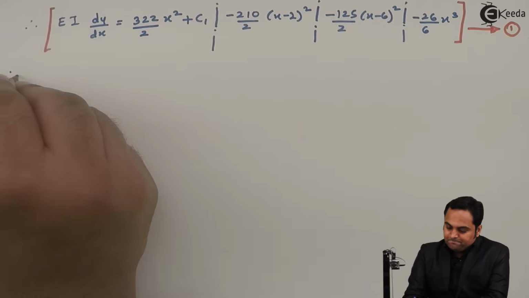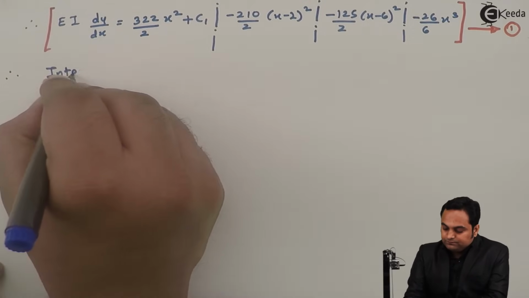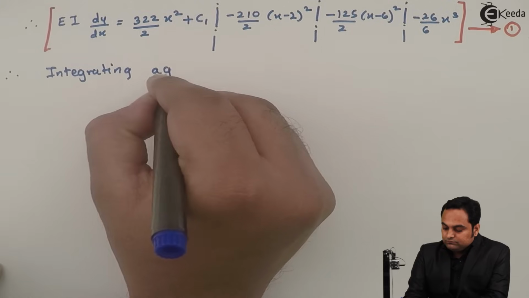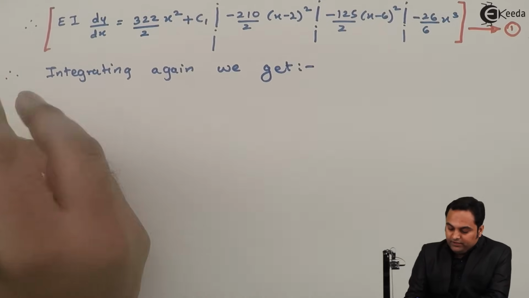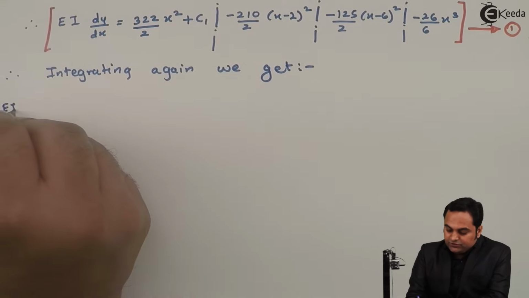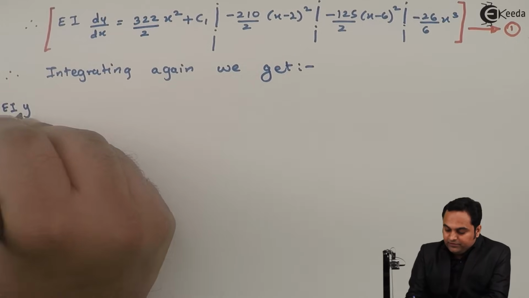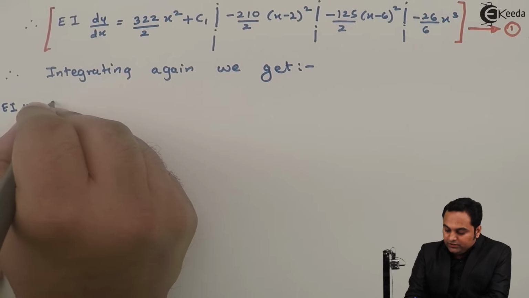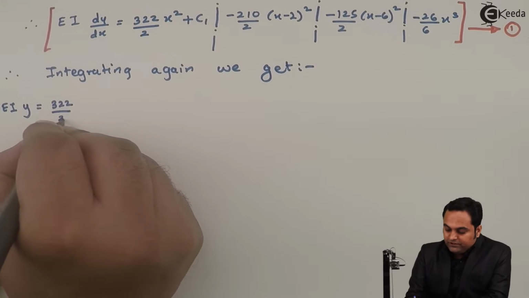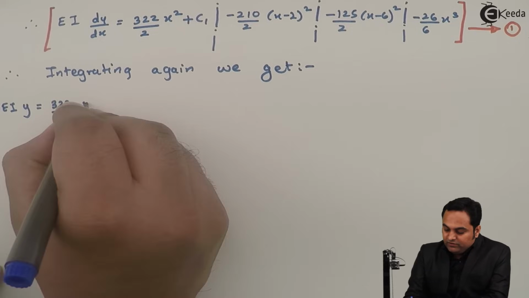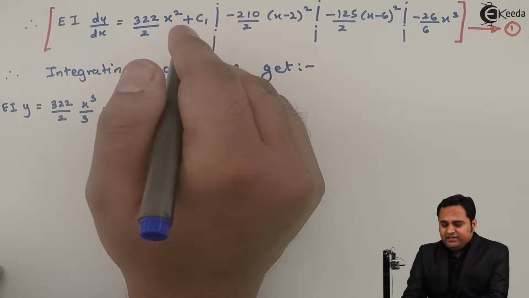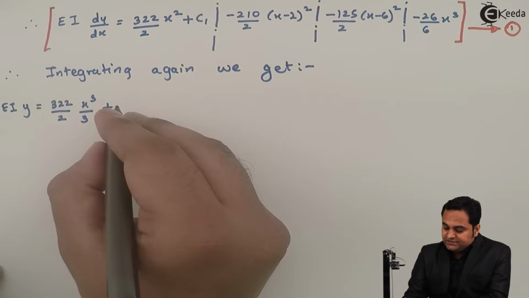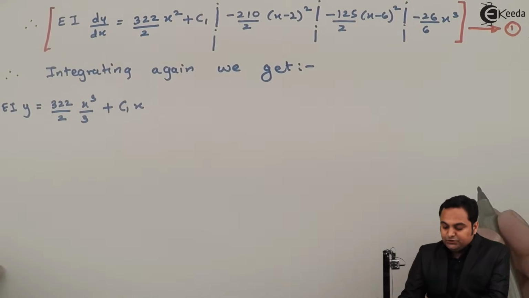So integrating again, EI remains as it is because it is constant, and dy by dx becomes y. Here we have 322 divided by 2 as it is, x square becomes x cube by 3. Now plus C1, if I integrate this with respect to x, that will be C1 into x.